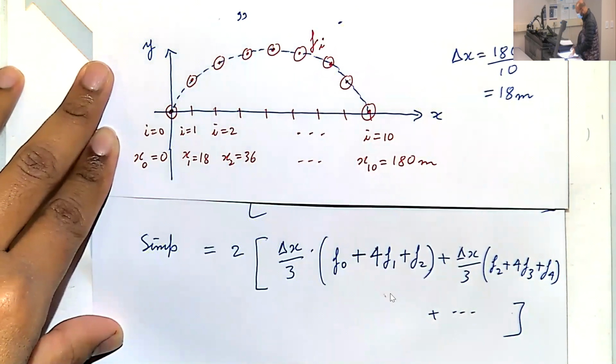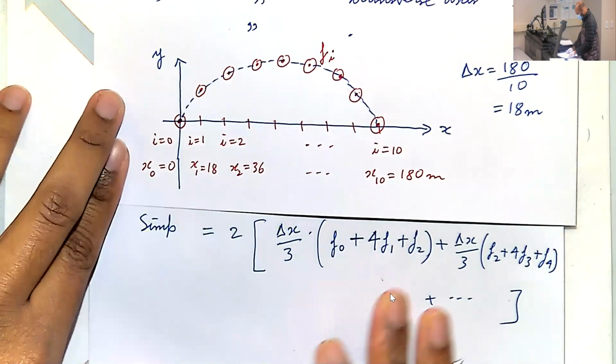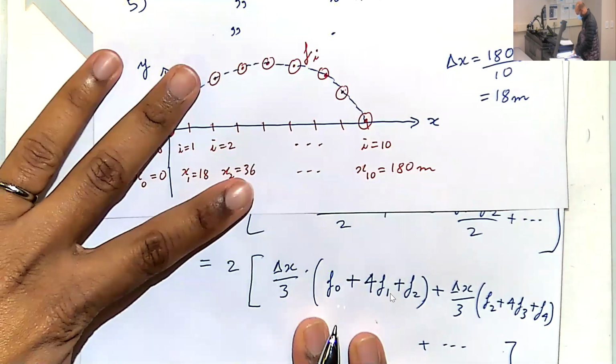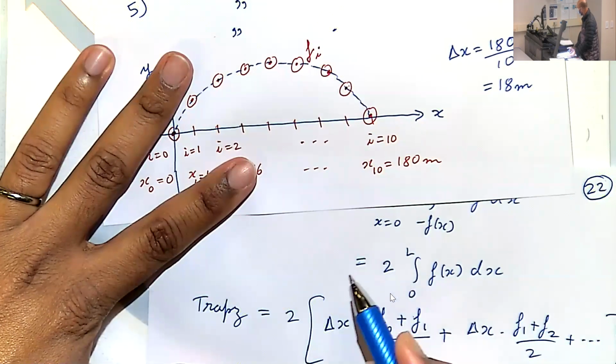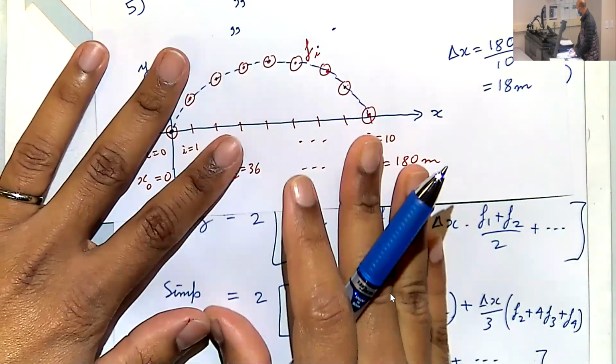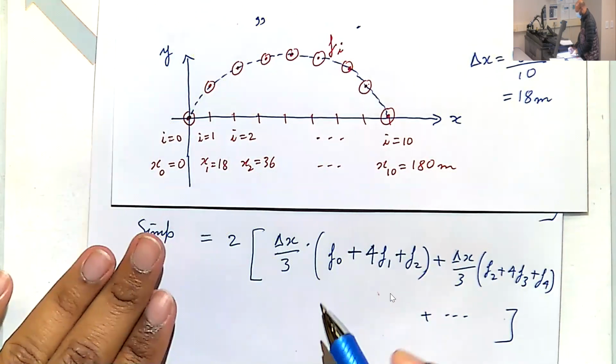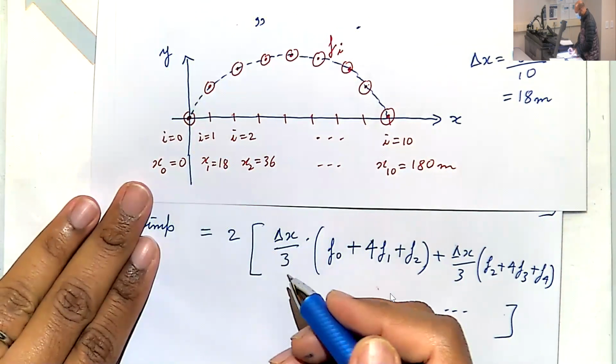Okay, so let's go slowly over what happened here. 2 is just a constant here. We take it out, get it out of the way, and the integral is what we have to deal with. So first, Simpson's rule, I told you it's h over 3.